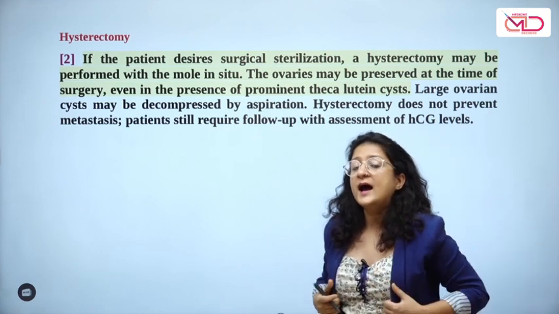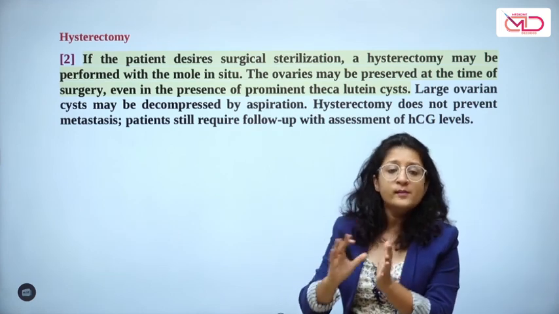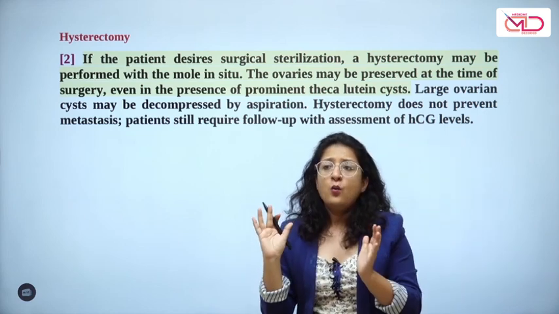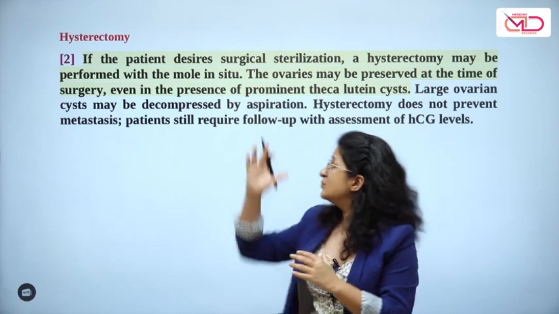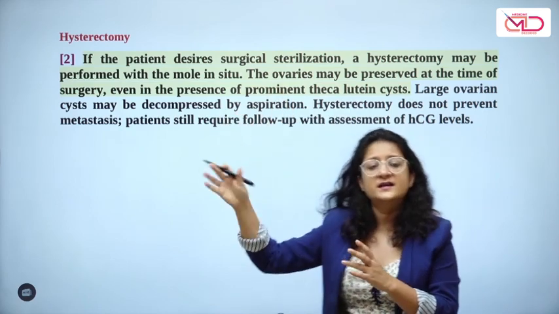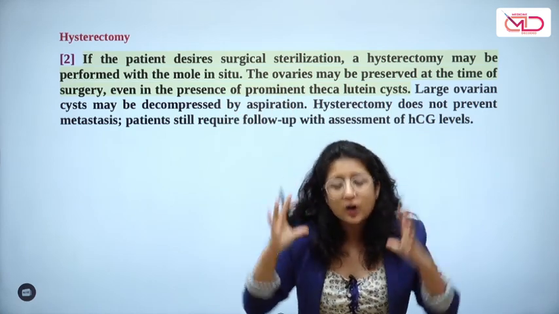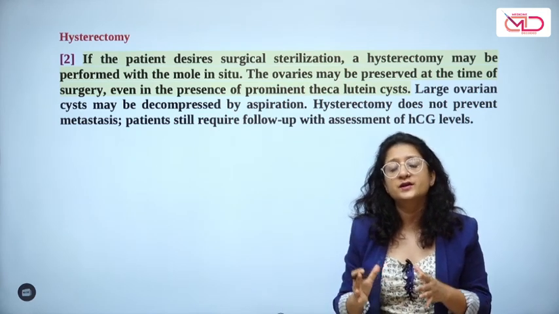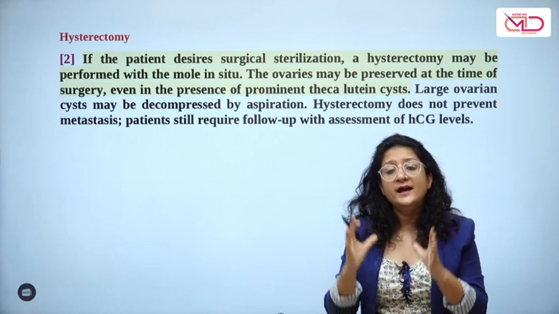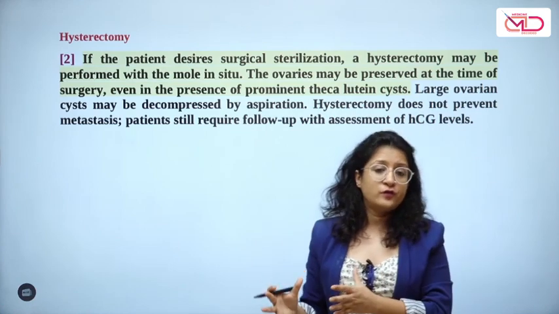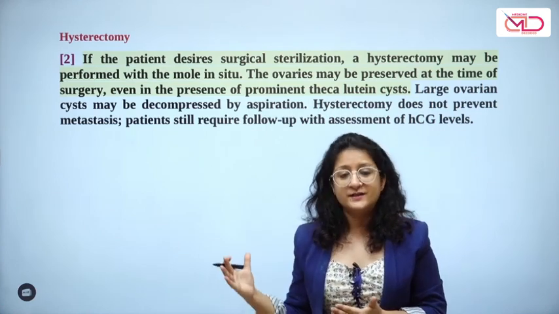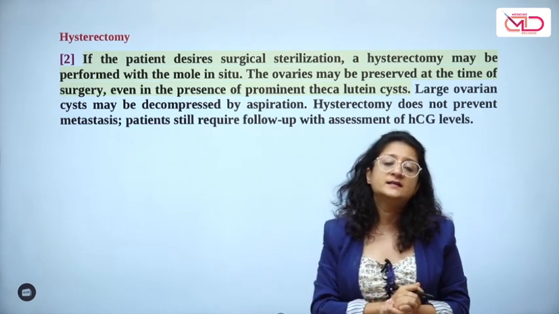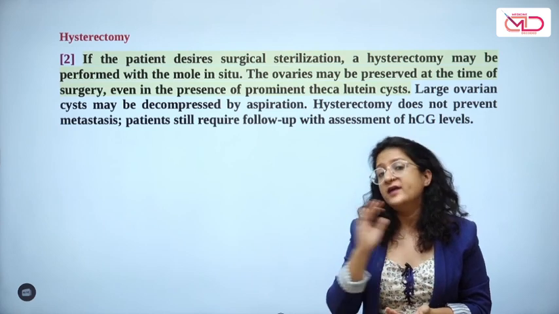So if you ask me, I would say hysterectomy is possible when it is a woman who has completed her family, wants a surgical sterilization, is aware of the inherent risks of hysterectomy, also agrees to that procedure, and also is prone to being lost to follow-up, because the follow-up of beta HCG after molar pregnancy evacuation is very, very long.